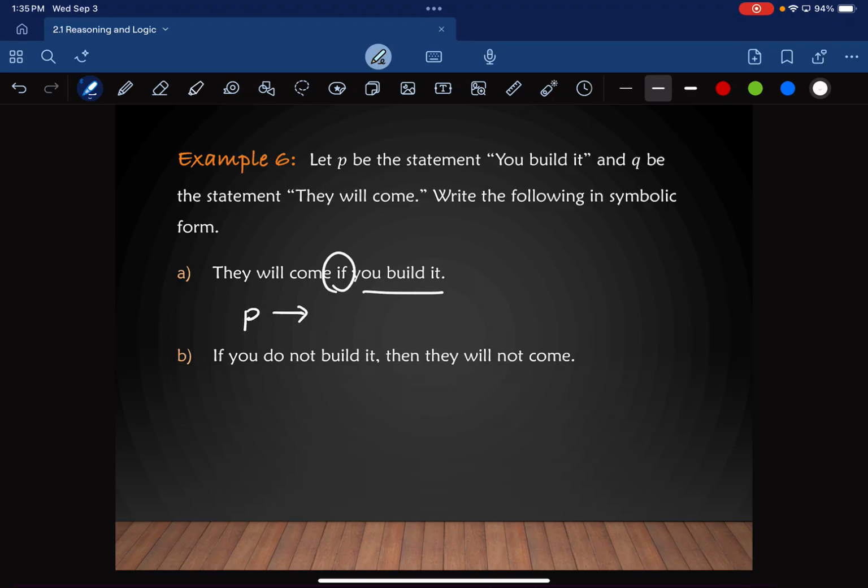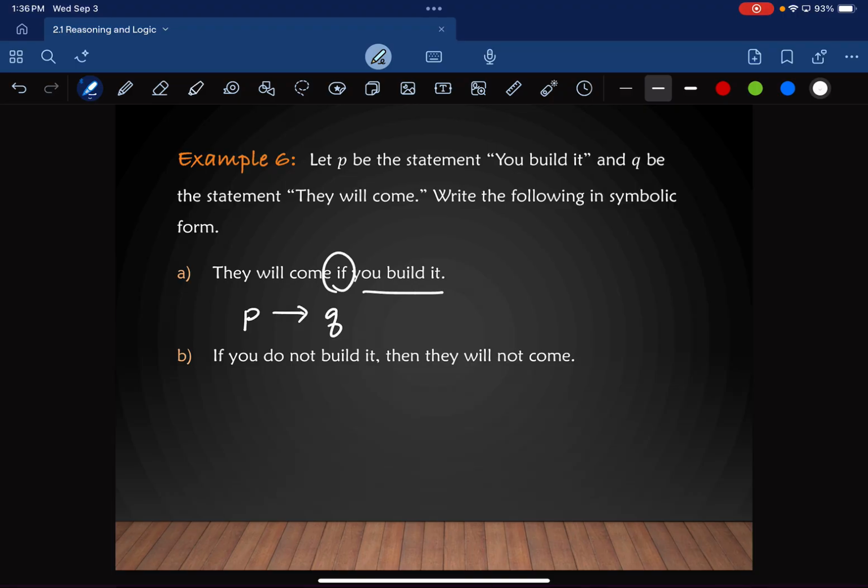And it says, they will come. So the they will come then is the Q, right? So this is P implies Q. In a funny order, agreed, but we talk like this all the time, right? We often move our ifs to the middle of sentences. We're usually trying to emphasize the result of what's going to happen, and that's why we say it first. Okay, but we do this all the time.